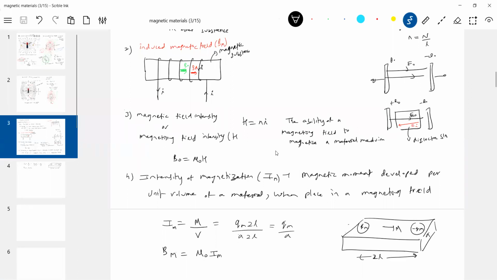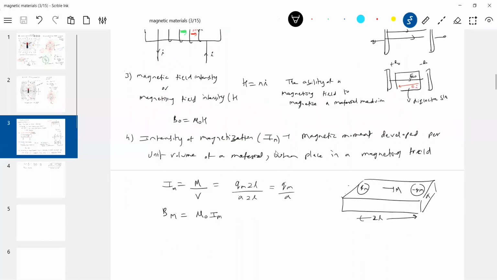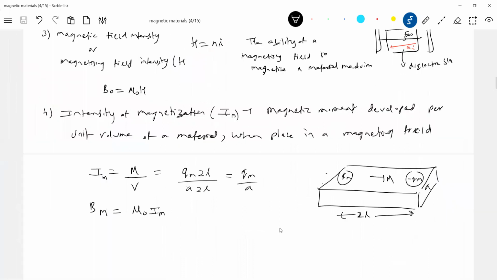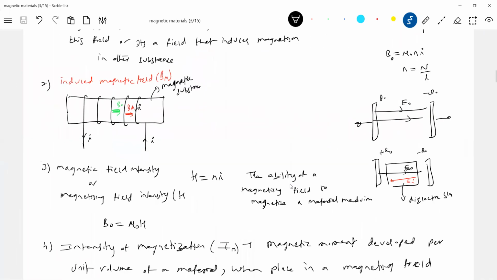induced magnetic field. Now, in a substance, what is the total magnetic field? The total magnetic field we can define as, okay, I'll bring this diagram.